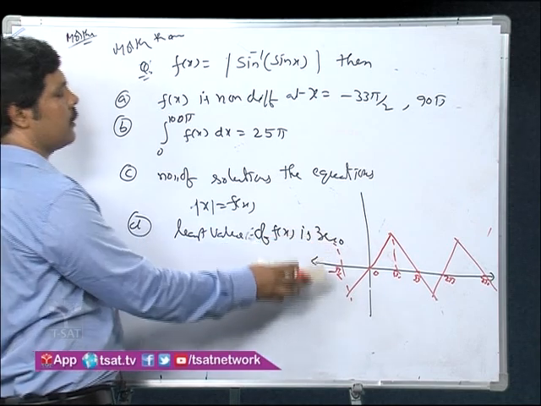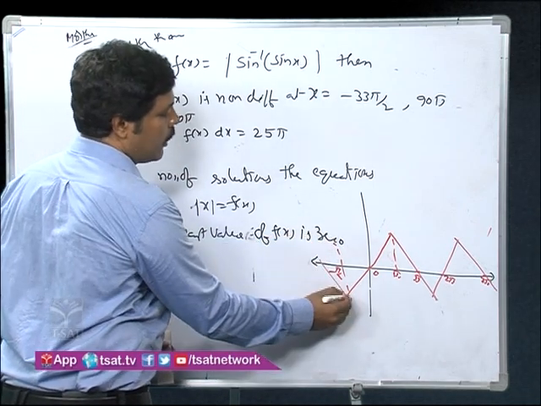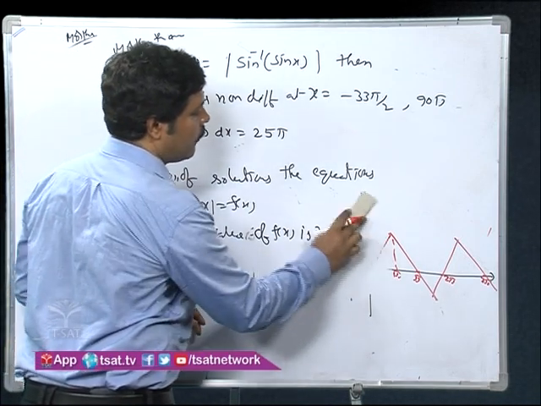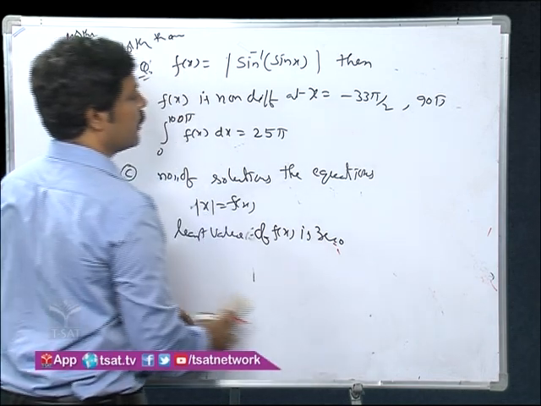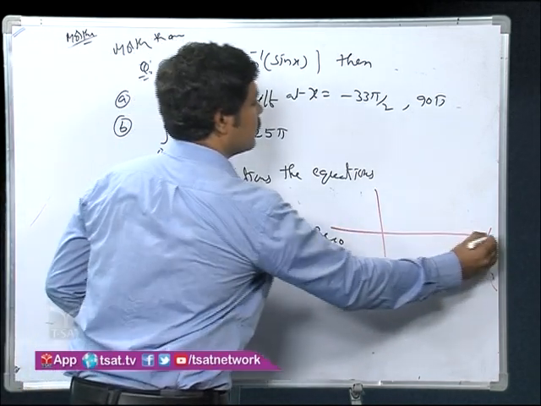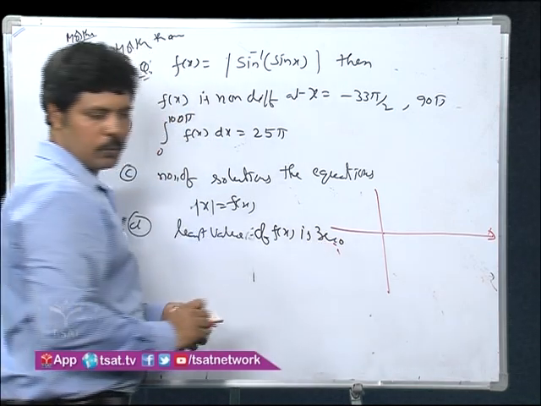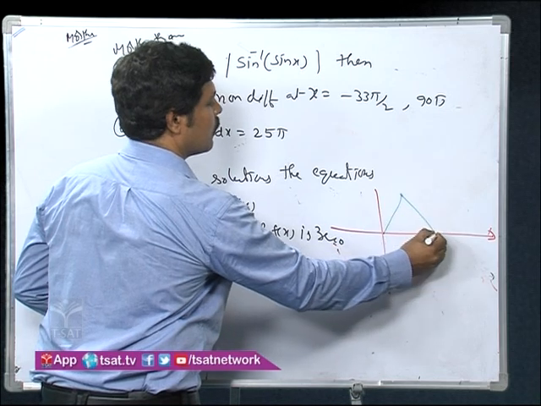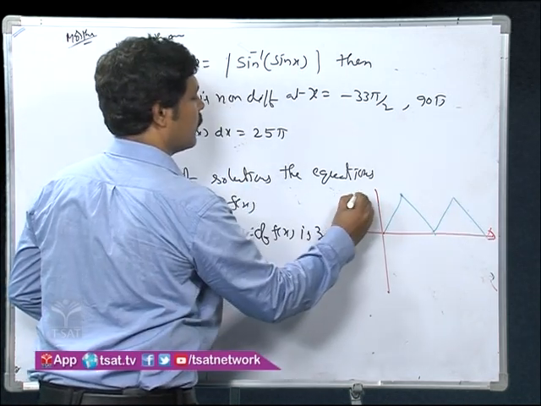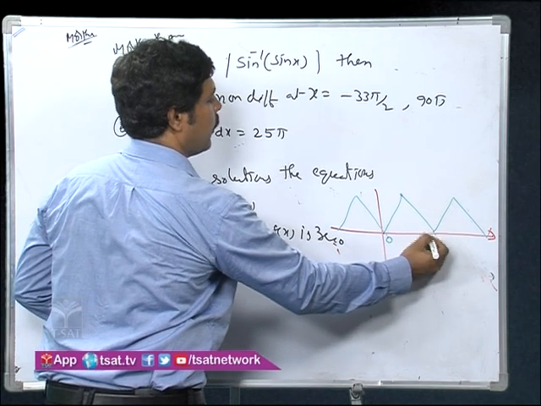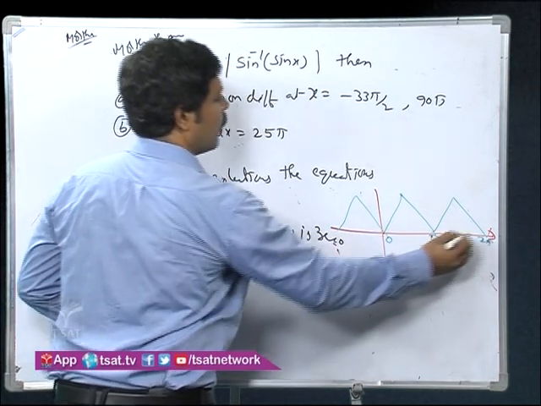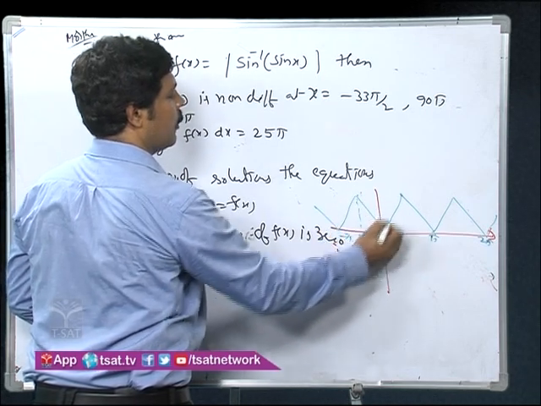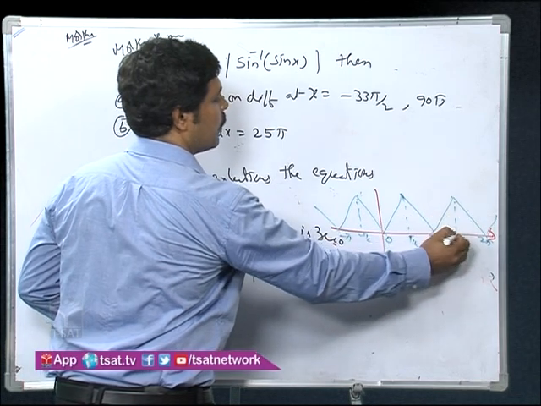Modulus means the negative part is also converted to positive. The graph of modulus of sin inverse of sin x is like this, from 0 to pi, 2 pi, with values minus pi by 2, plus pi by 2, plus 3 pi by 2.